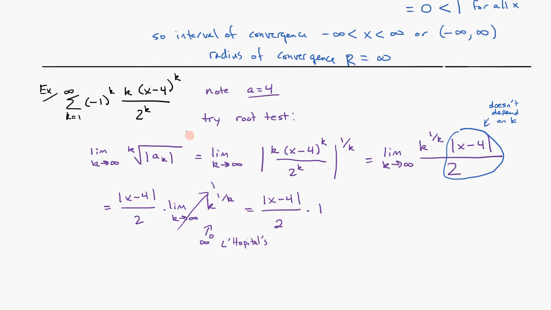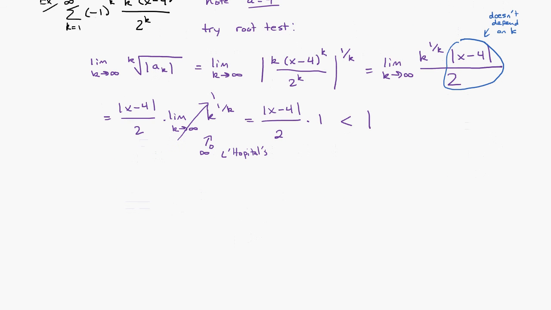And again, we want to set the limit less than 1 because that's where the root test converges. So the inequality becomes absolute value of x minus 4 over 2 is less than 1.